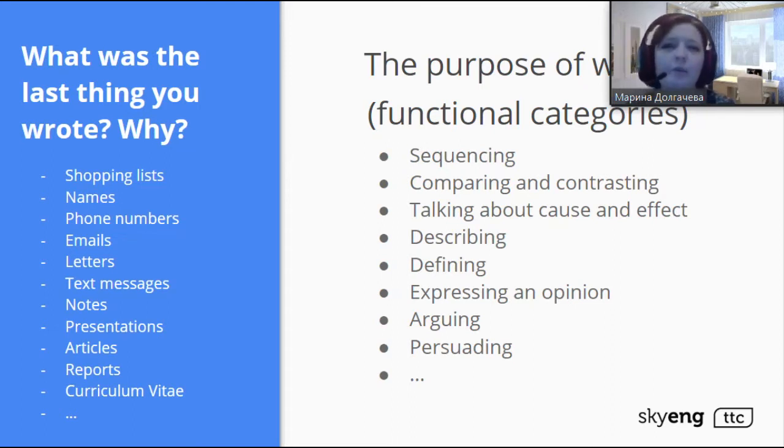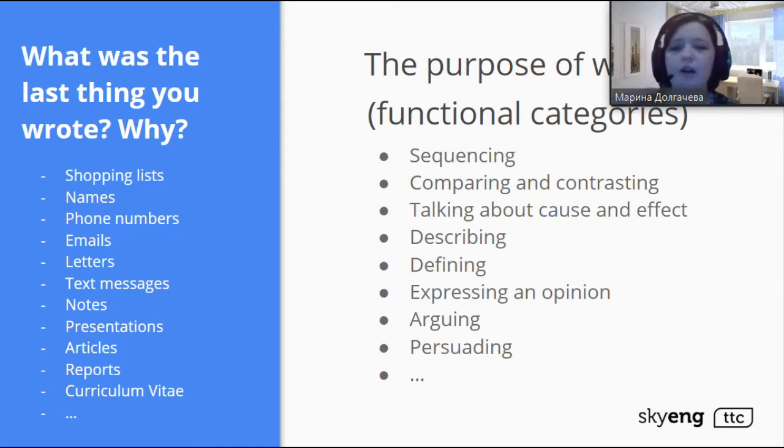And when we are talking about the purpose of writing according to the functional categories, there are absolutely different types of them, and what exactly we need from our student can be kind of a disaster for a student, because the student will have no idea how to do that. So take a look at the functional categories that a piece of writing can represent.